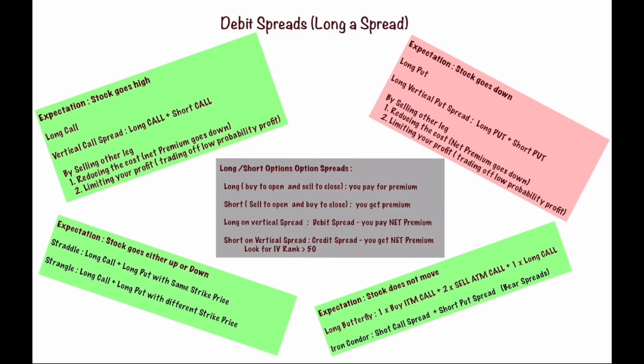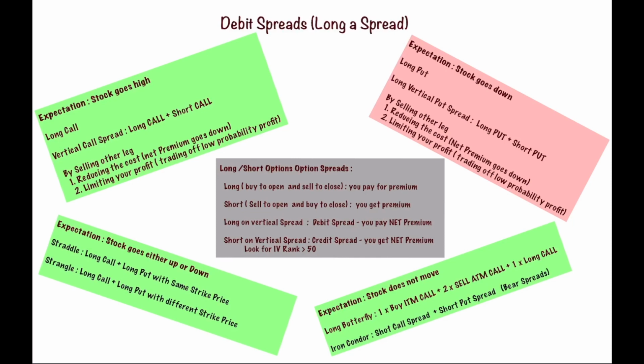So doing that, you're reducing your costs and limiting your profits because you sold the other portion of the option. Ultimately, the structure for a call spread is you're going long a call and shorting a call, combined. The long call strike price is closer to the current stock price, and the short call strike price is relatively far away from the current stock price.